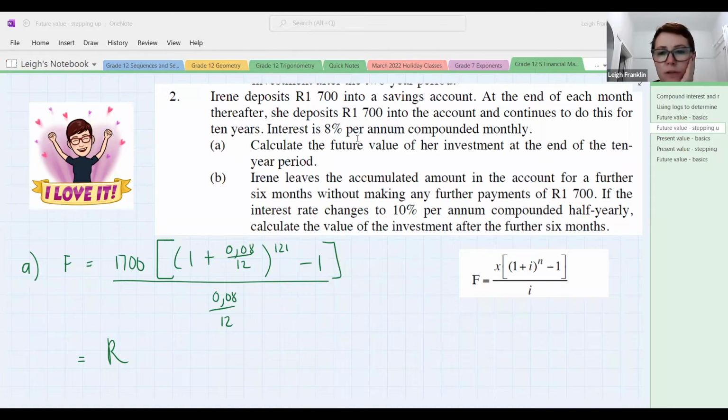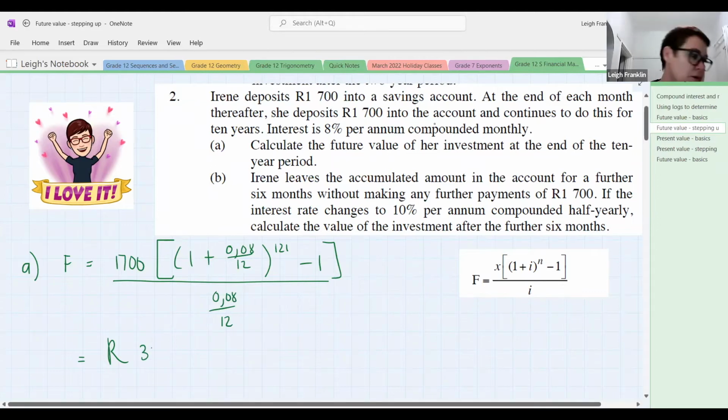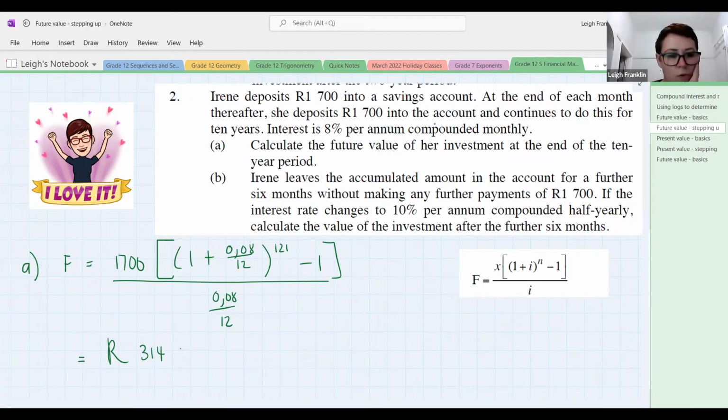You're saying the answer is 314,781. I'm just looking at what I wrote here, and 65 cents. That's what I got when I did this question.